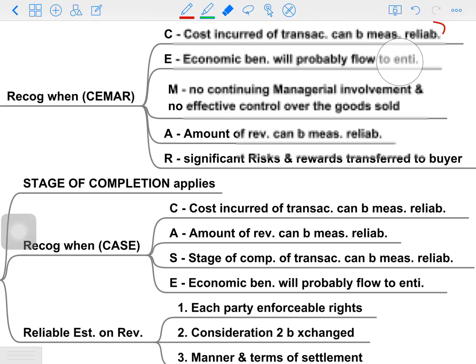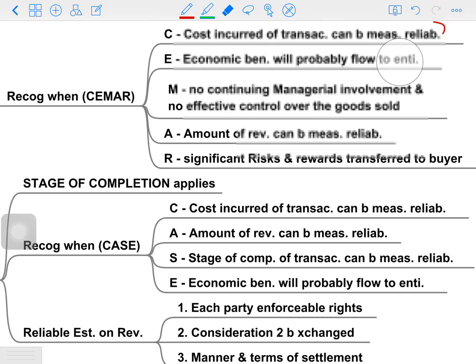Okay? Now, there are few conditions. First, stage of completion applies. Recognition when you fulfill this requirement, case, which is the short term favorite lah.